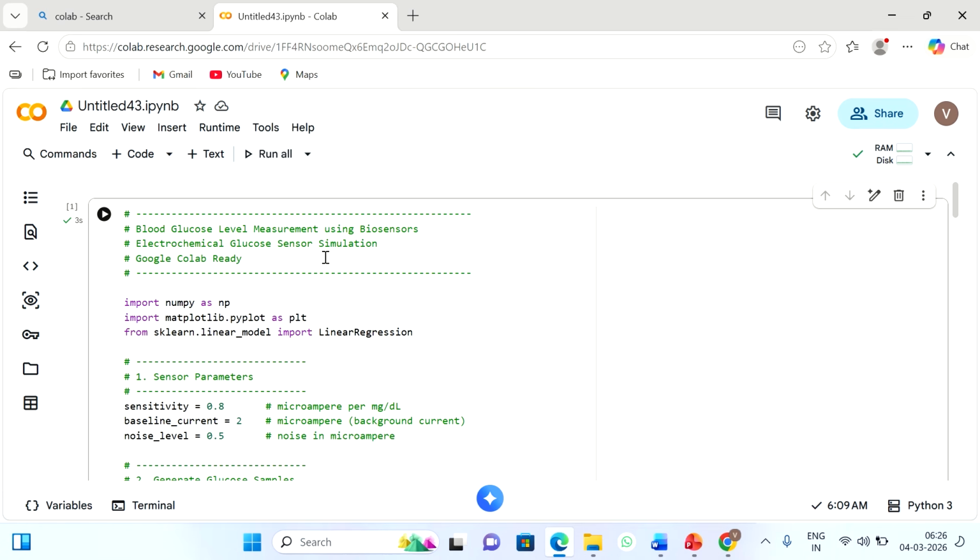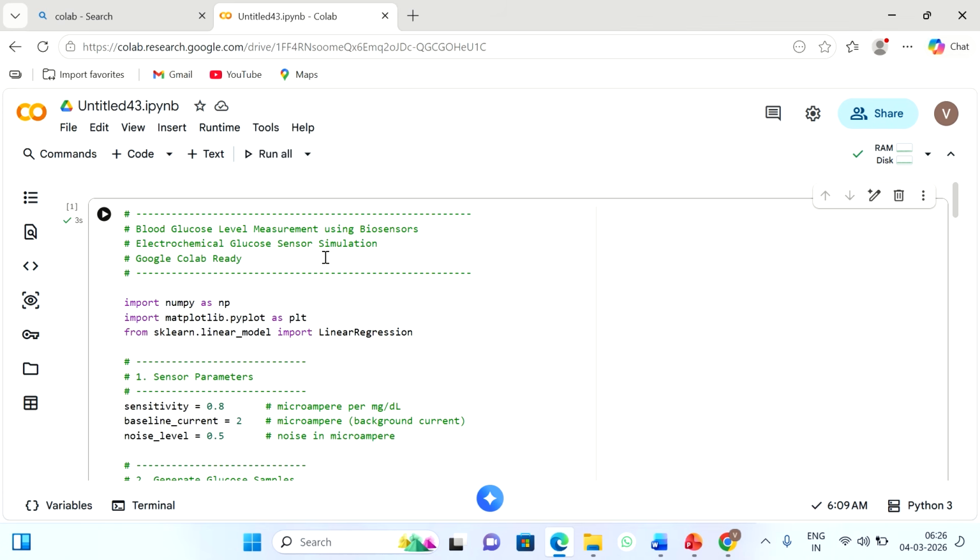So we are first importing the Python library numpy, abbreviated as np. Then matplotlib.pyplot as plt.